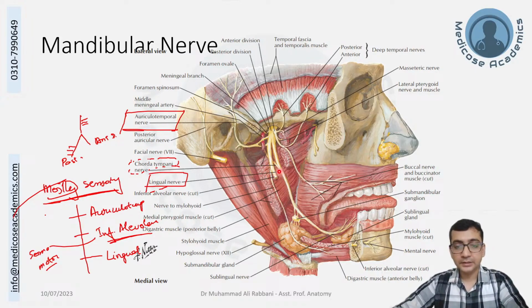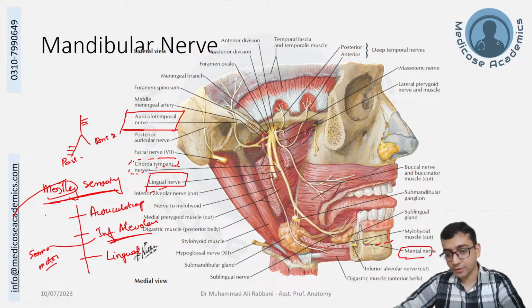The inferior alveolar nerve enters the mandibular opening and mandibular canal in the ramus of the mandible, and it continues to run inside the mandible supplying the teeth. Its cutaneous branch comes outside as the mental nerve, and its other branch continues onwards to supply the lower teeth. So this is the inferior alveolar nerve.